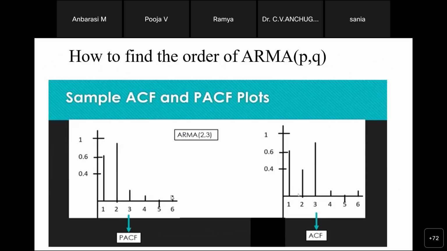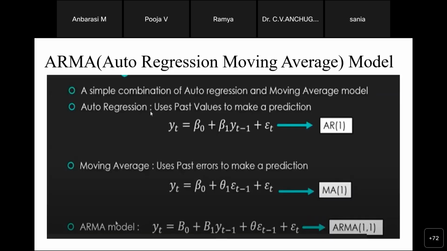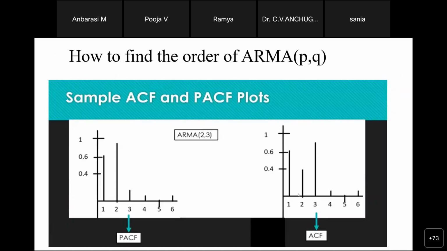This is another example of how to find the order of the ARMA model. We have already discussed the autocorrelation function and the partial autocorrelation function. Based on these two, we can identify the orders.